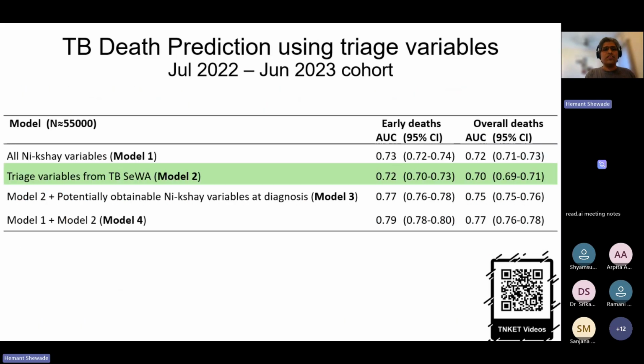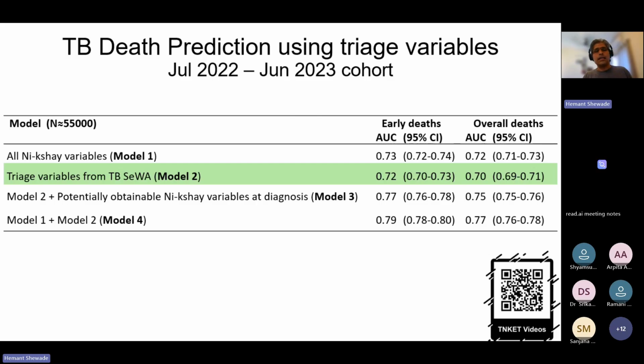So what we can see here is that if you look at the area under the curve, model 1 and model 2, the area under the curve are almost similar. In other words, death prediction using these 5 triage variables only is as good as all baseline Nikshay characteristics that are captured. And please note, all baseline Nikshay characteristics are not documented at diagnosis.